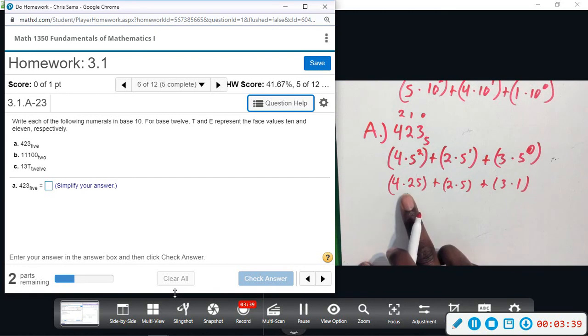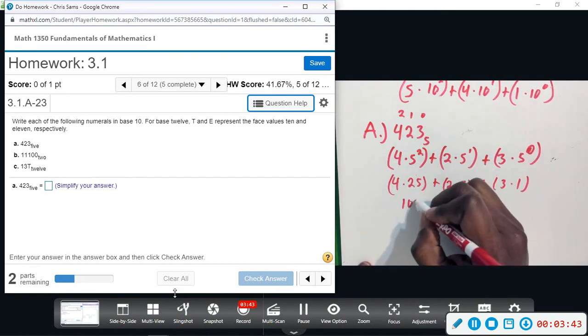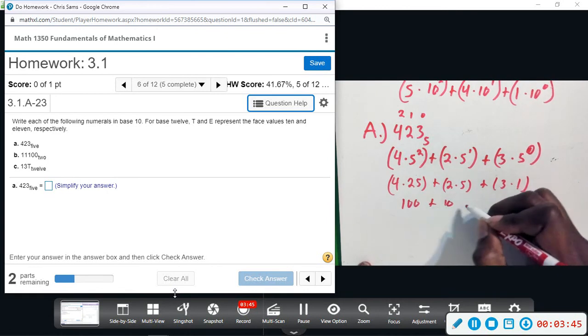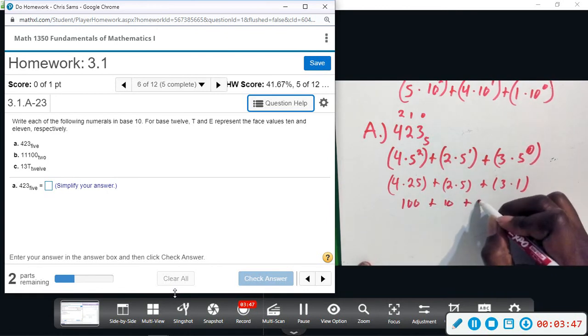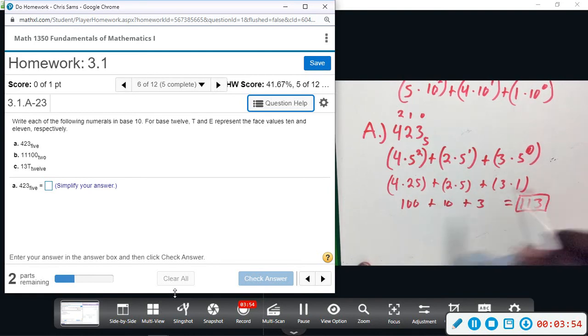All right, so we get 100, 10, 3. 100 plus 10 plus 3 gives us 113. So this number 423 in base 5 is actually 113 in base 10, our counting system.